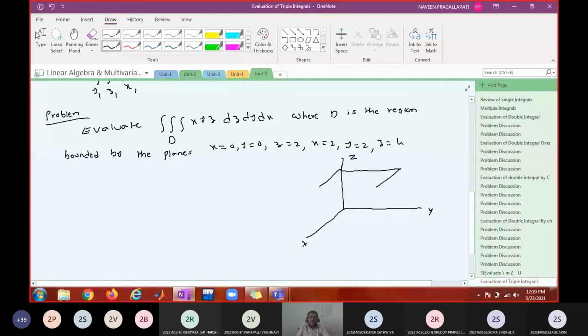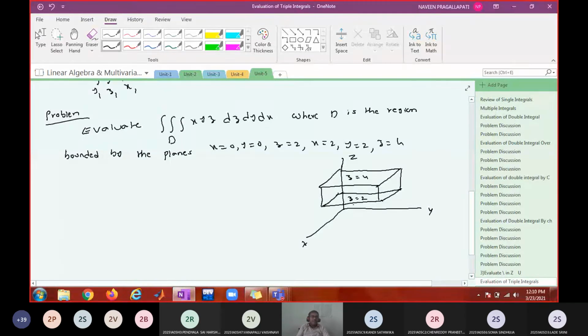The cuboid is in space because it is starting from z equal to 2. So this is z equal to 4, this is z equal to 2.